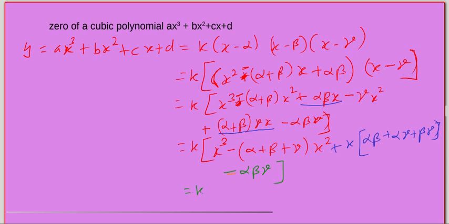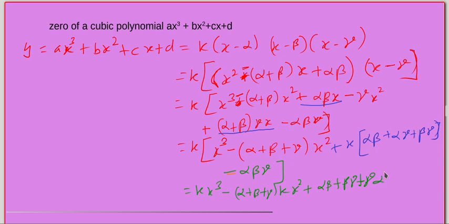Okay. But this k is common for everything. So it is kx cube minus alpha plus beta plus gamma into kx square plus alpha beta plus beta gamma plus gamma alpha.